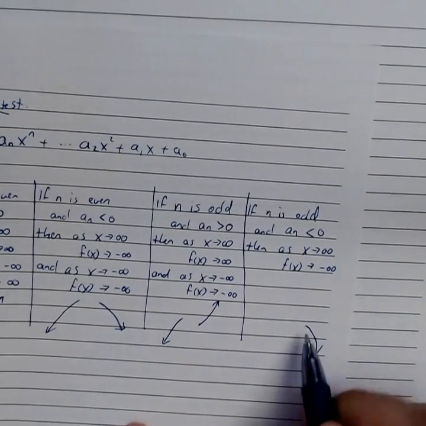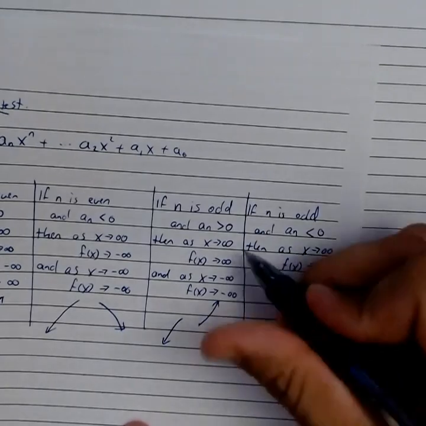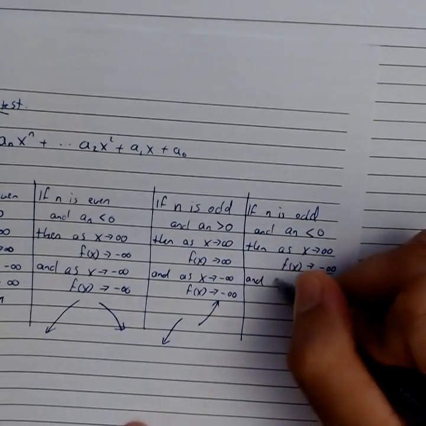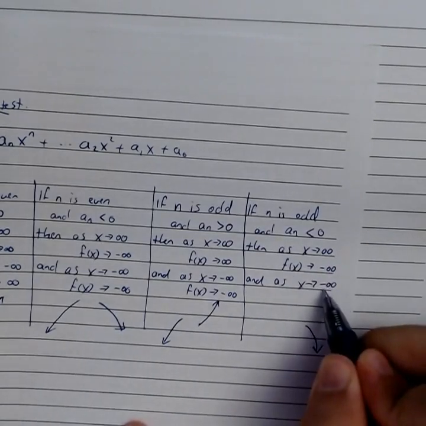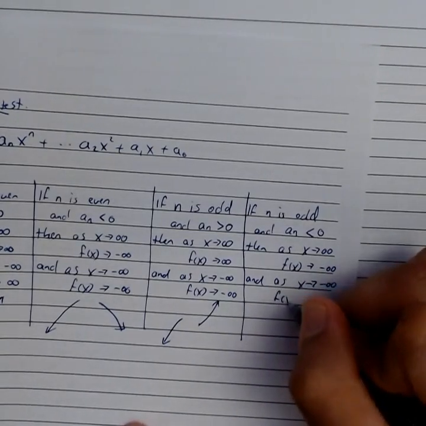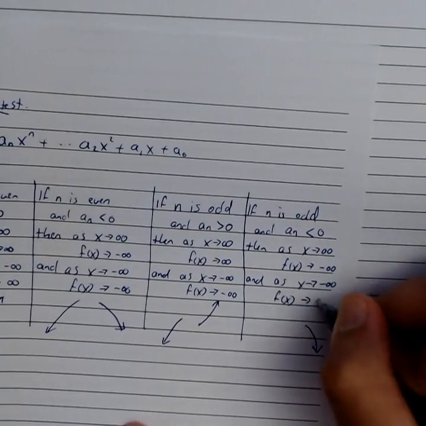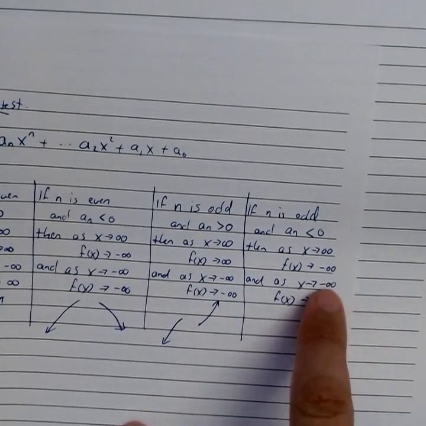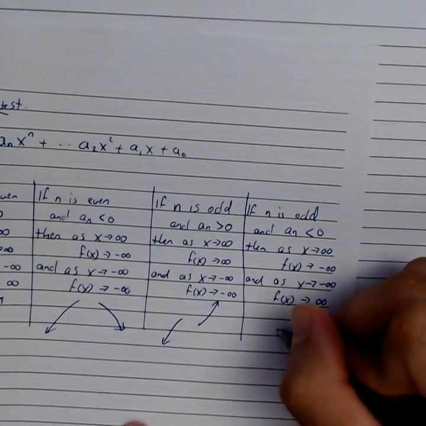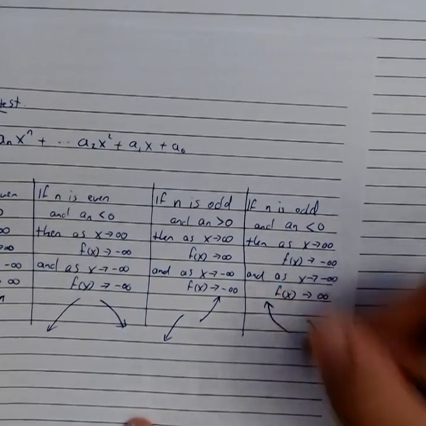As you go to the right, your y value goes down. And as x approaches negative infinity, as you go forever to the left, your y value, f of x, will approach infinity. In other words, as you go forever to the left, your y value will go up forever. So as you go to the left, your y value will go up.